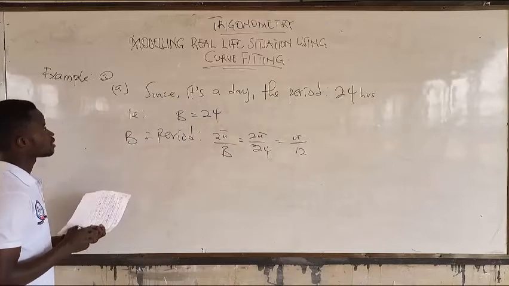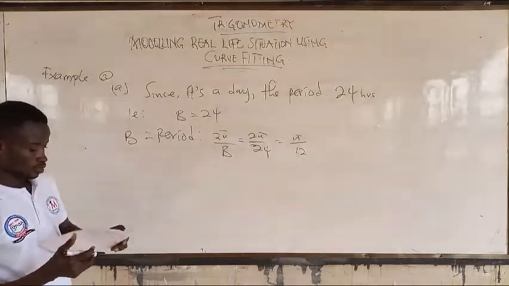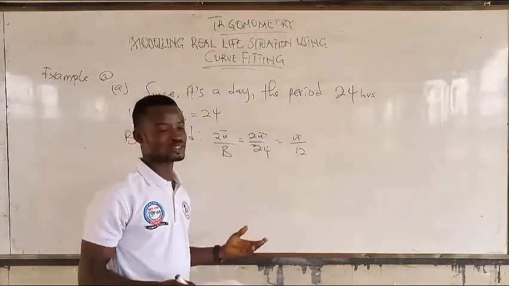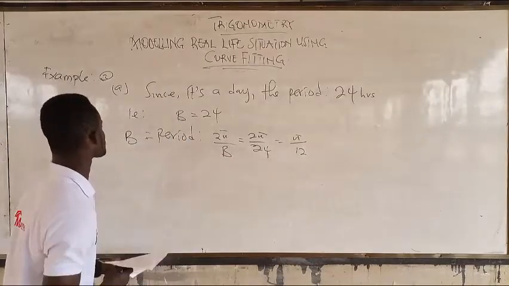All right. Then we go for the amplitude. So we have established the B. Let's go for the amplitude.